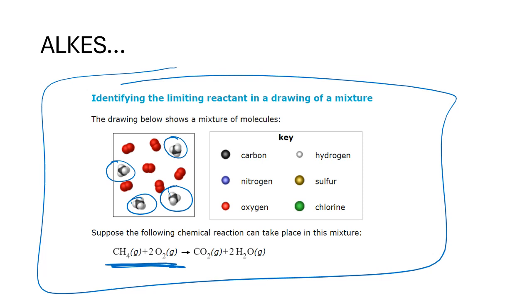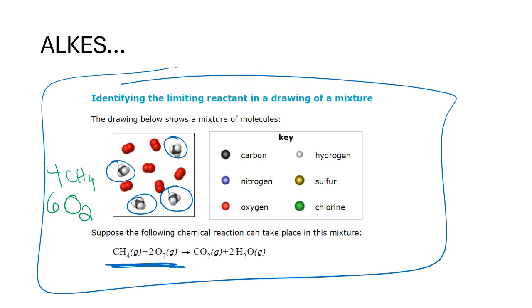Methane, we got 4, and oxygen, we got 1, 2, 3, 4, 5, 6. It's like giving someone 4 pieces of cheese and 6 pieces of bread; the bread's going to run out first. It is the same thing.